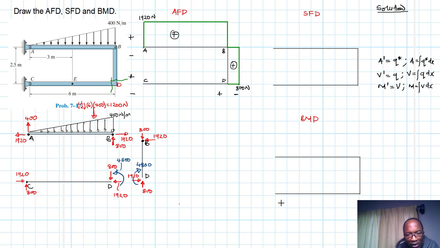Quickly, let's just plot that. It will go down like this, and then from C to D we don't have any axial distributed force, therefore we expect the slope to be equal to 0, so it will just run like so. At D the sign changes, which also simply means adding up algebraically, which closes our diagram like so, and this is equal to negative. All right, this is negative.